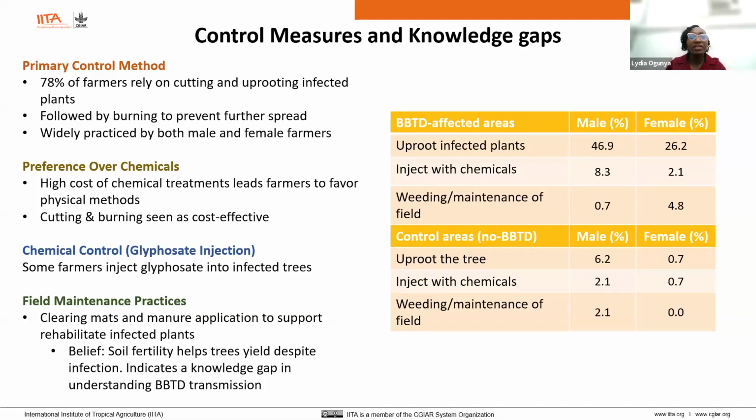Many of the farmers in this category feel that BBTD is associated with soil fertility. And it is believed that by applying manure, the soil fertility will improve and the tree which has been affected by BBTD will begin to grow as it should, indicating that there's a knowledge gap in understanding BBTD, the spread of BBTD, and the effect of BBTD on their fields.